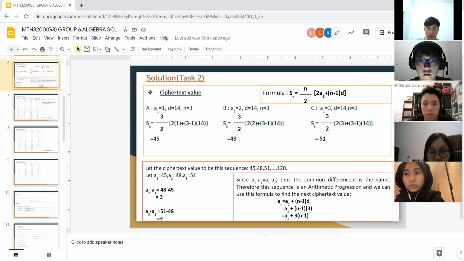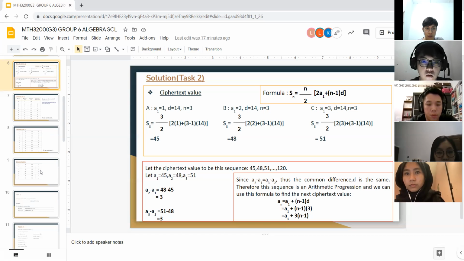The same for B and C. Alternatively, we can let the ciphertext values be this sequence: 45, 48, 51, and 120. 120 is the ciphertext value for the last term, the last alphabet Z.